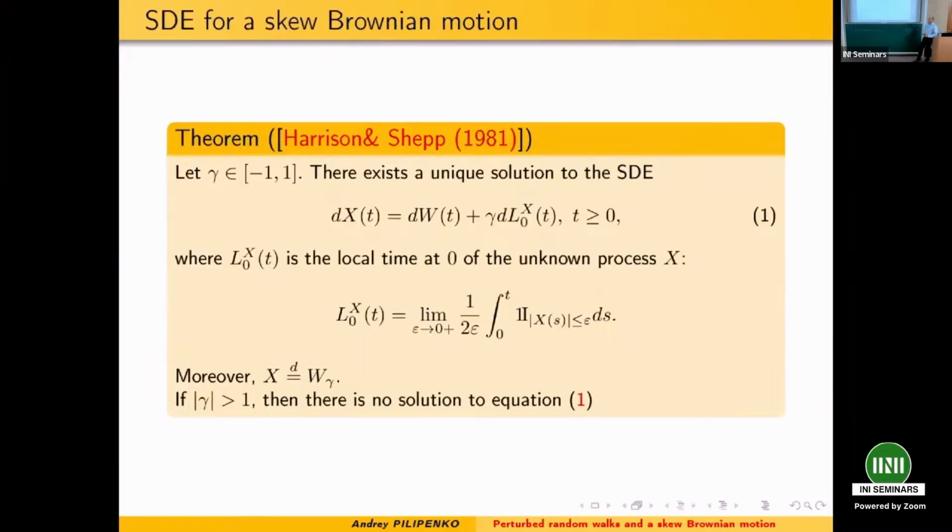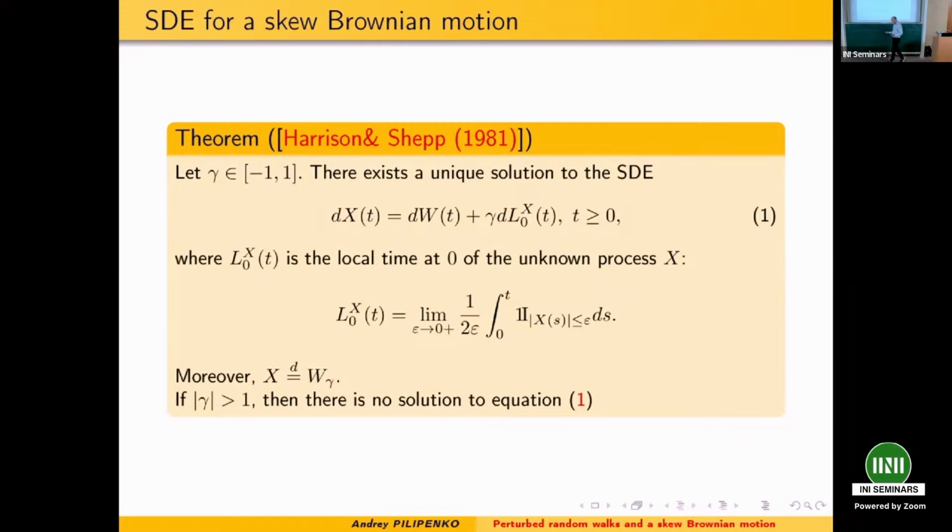The next result is the stochastic differential equation for the skew Brownian motion. This result was obtained by Harrison and Shepp. Increments of the skew Brownian motion behave like increments of a usual Brownian motion everywhere except at 0.